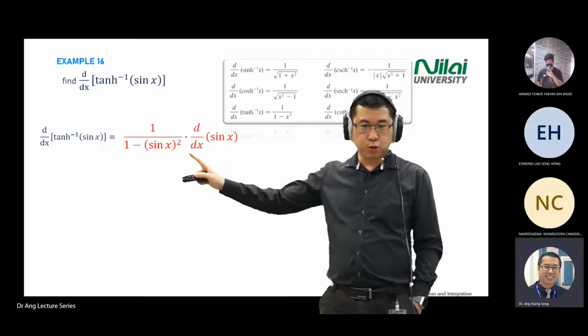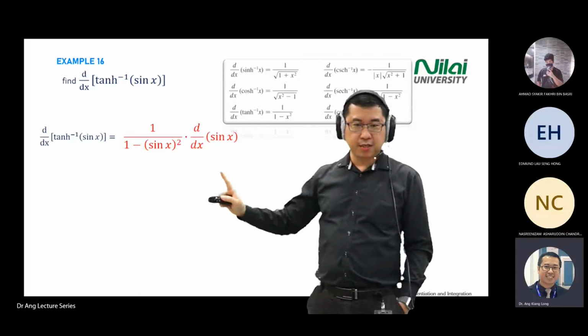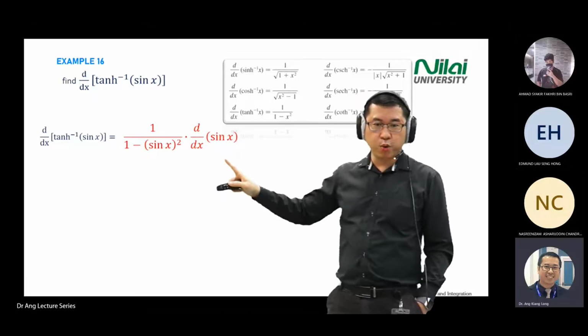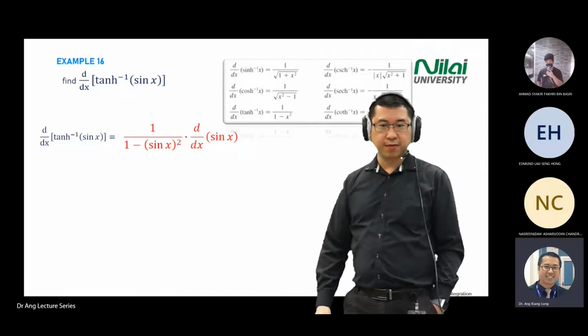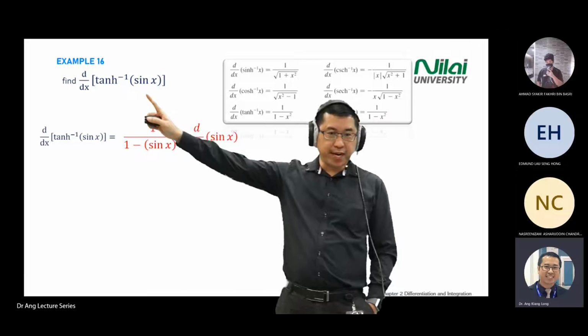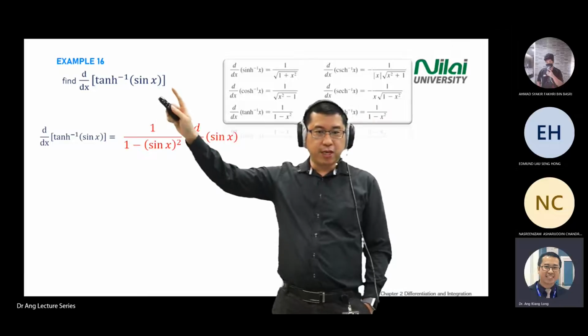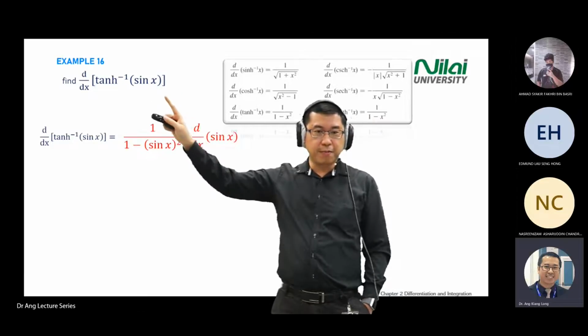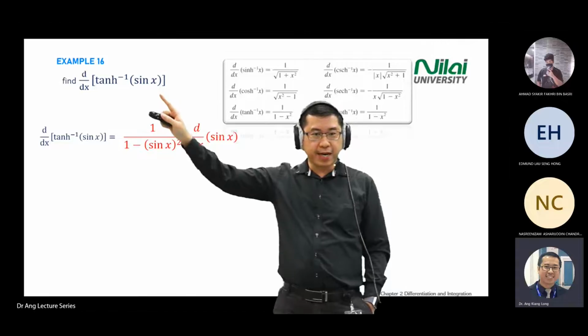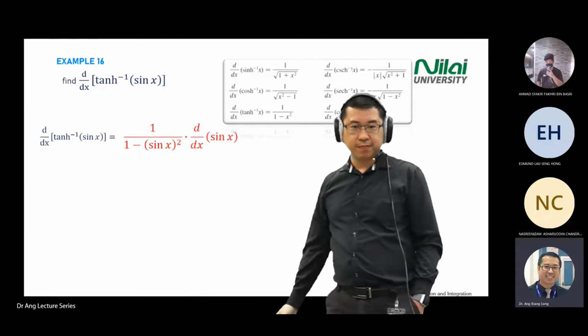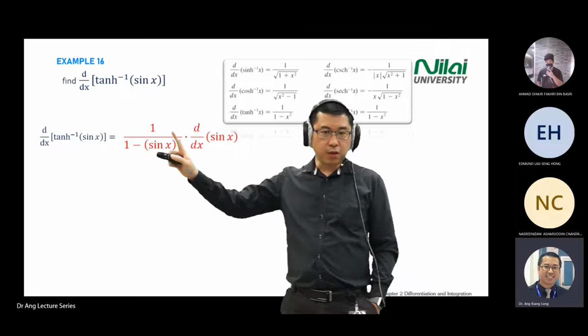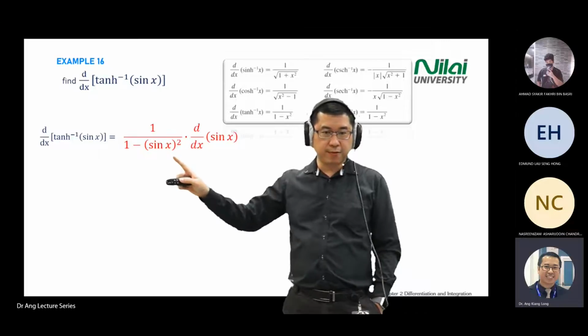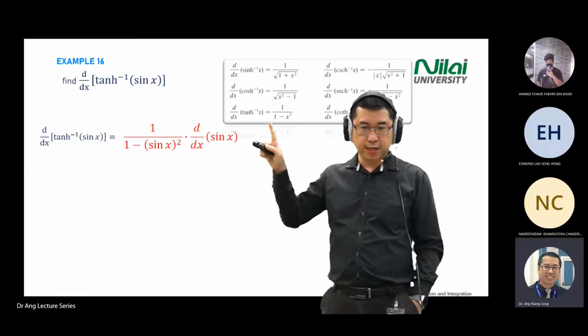This one is the most popular mistake students like to make. They always forget this one. When you have a bracket, every time I repeat, when you differentiate a bracket, remember to look inside the bracket if there's an x there. So 1 over this one, the first part refers to the table.